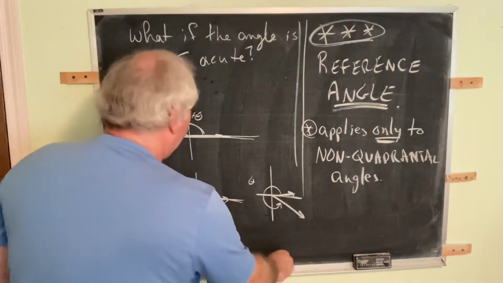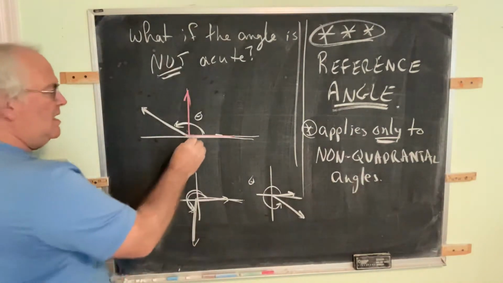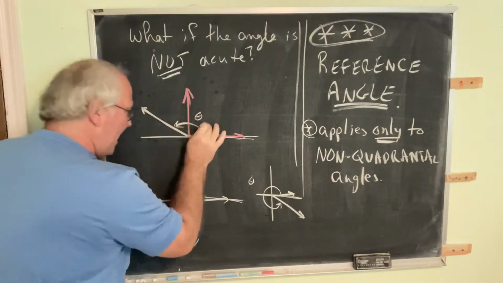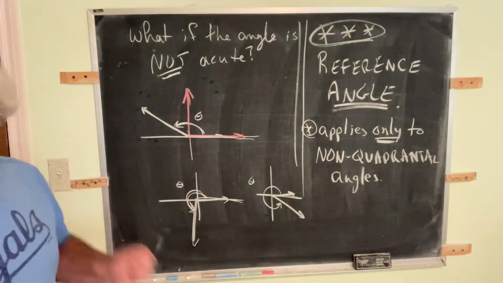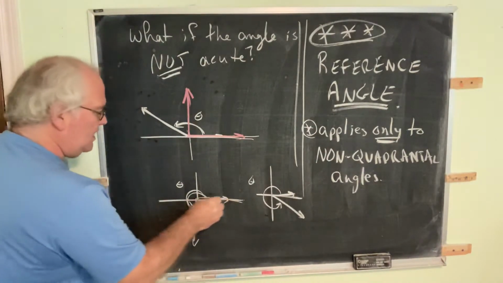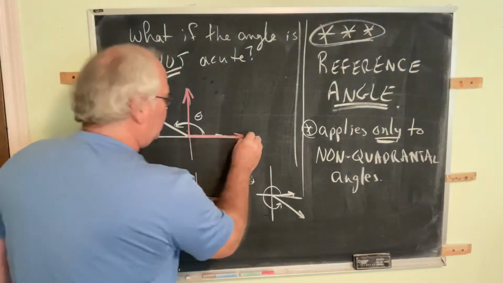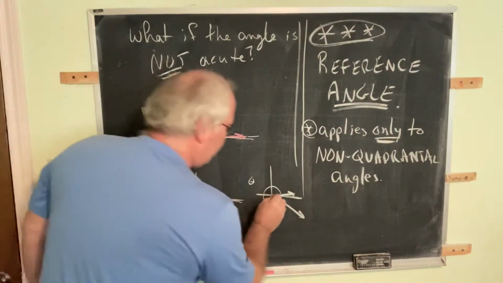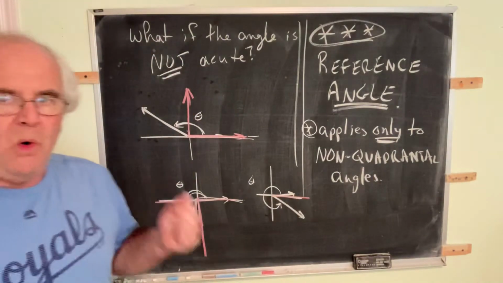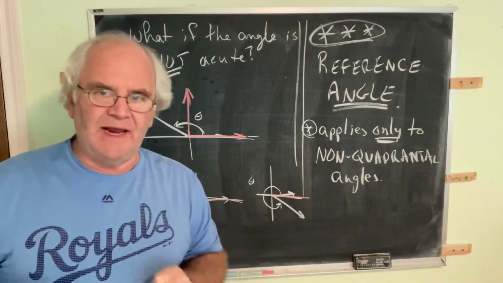That is to say, I am not talking about that angle. If the angle measures 90, a 90-degree angle does not have a reference angle. 180 degrees does not have a reference angle. 0 degrees does not. 360 degrees, 270 degrees. Quadrantal angles do not have a reference angle.